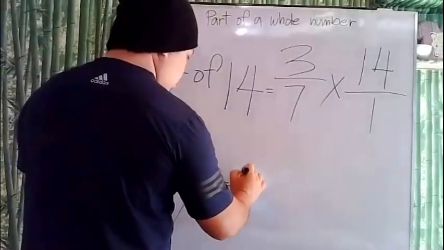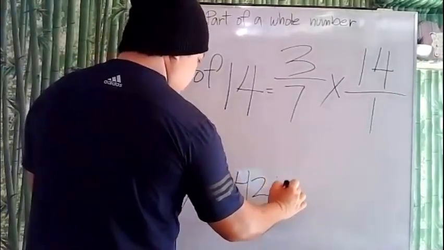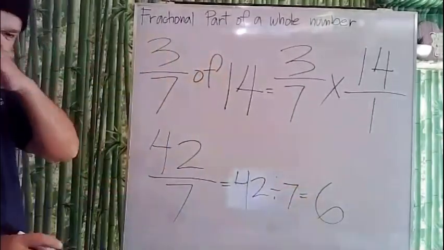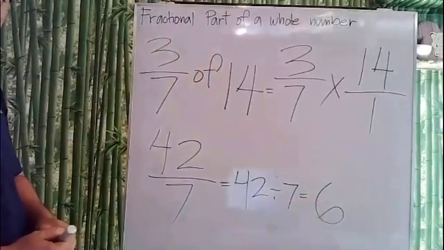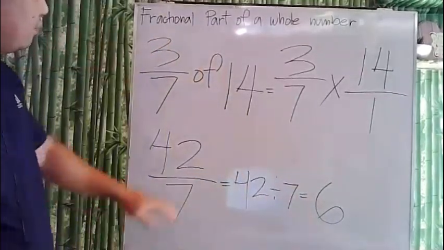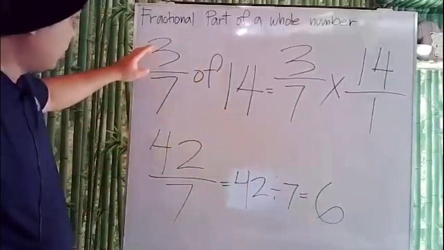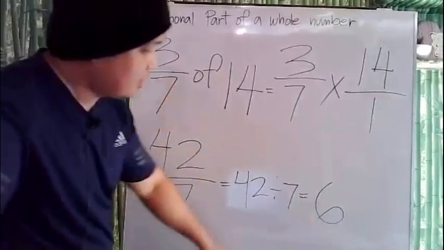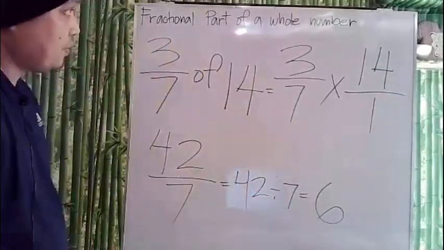Okay? To get the answer. And that would be 6. Okay? So 6 here is the fractional part of 14, which is 3 over 7. So what is 3 over 7 of 14? That is 6.